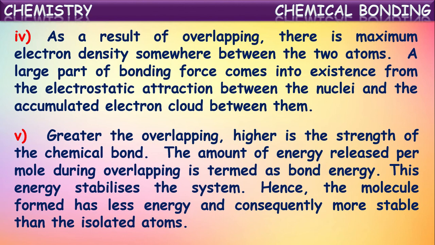While the bond is formed, a certain amount of energy will be released from these two atoms. That energy we call as bond energy. And thus the molecule formed will be having less energy than the individual atoms. So it is more stable than individual atoms. Okay, this is about valence bond theory.